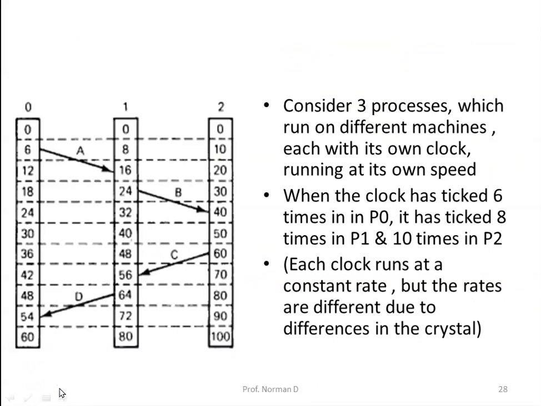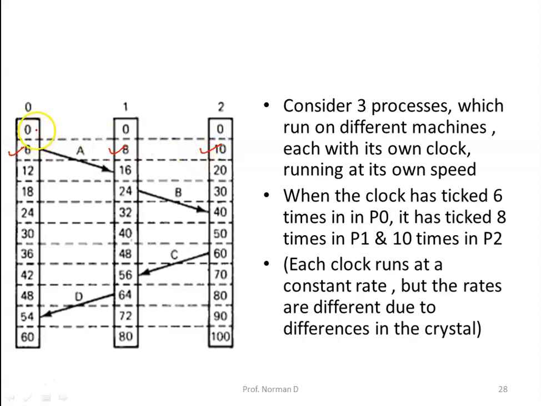So we'll see what example is given in the syllabus. Okay. So we consider 3 processes which are running on 3 different machines. Now each machine has its own clock running at its own speed. When the clock has ticked 6 times in P0, it has ticked 8 times in P1, and at the same time it ticks 10 times in P2.